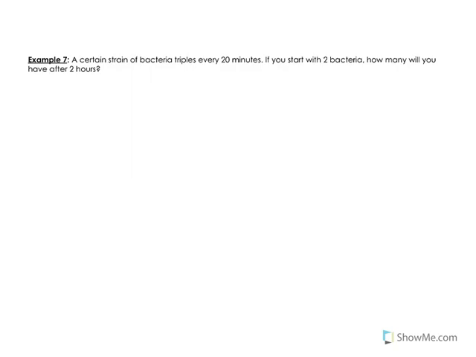Example 7 says, a certain strain of bacteria triples every 20 minutes. If you start with 2 bacteria, how many will you have after 2 hours? So, remember I said at the beginning, if you see those keywords double, triple, half, you know to use the growth factor formula.